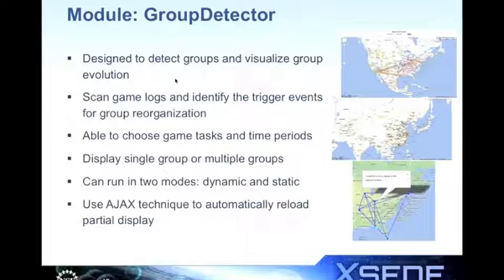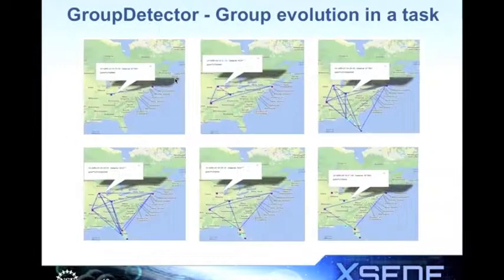All those trigger events, this module can detect. And this module also allows users to choose game task and time period, and can display either a single group or multiple groups, and can run in either dynamic mode or static mode.